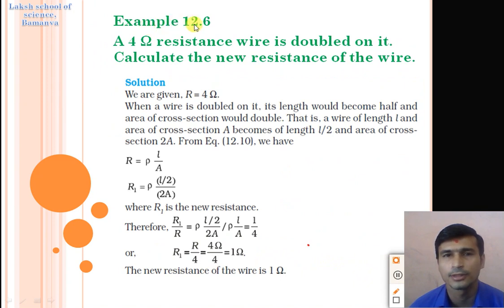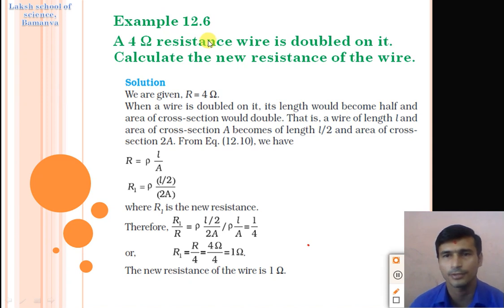Example number 12.6. A metallic wire of a resistance of 4 ohm is doubled on itself. Calculate the new resistance of the wire. So the resistance of the metallic wire is given to you as 4 ohm.